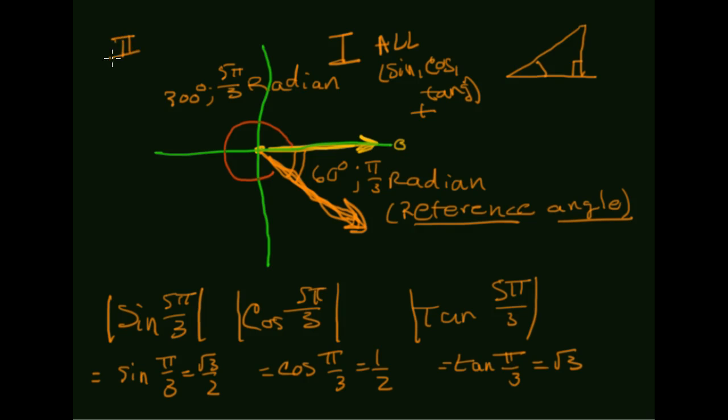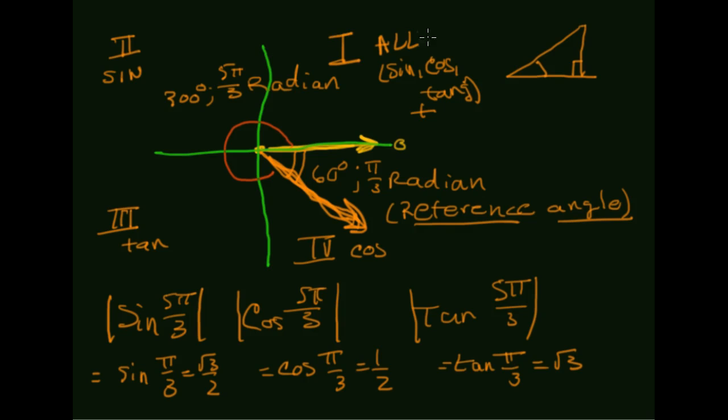If I'm in quadrant 2, only the sine value will be positive. The cosine and the tangent will be negative. If I'm in quadrant 3, only the tangent value will be positive. So the cosine and the sine will be negative. And if I'm in quadrant 4, only the cosine will be positive, which means that the sine and the tangent will be negative.